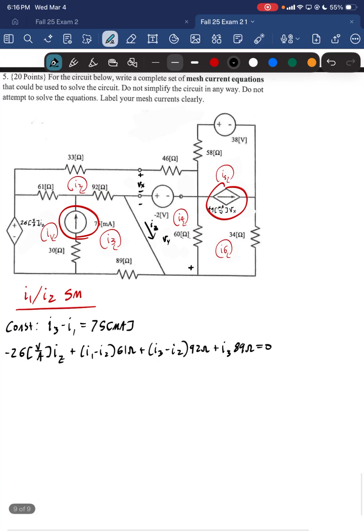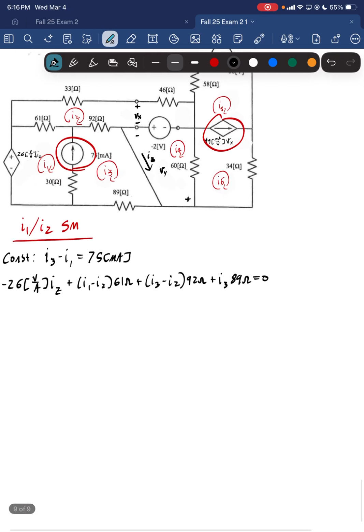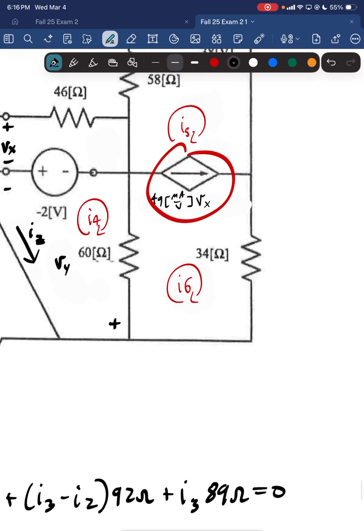So now let's take a look at our second super mesh, which is for I5 and I6. So our constraint equation this time is going to be what? I5 minus I6 equals... Yeah, I6 minus I5.